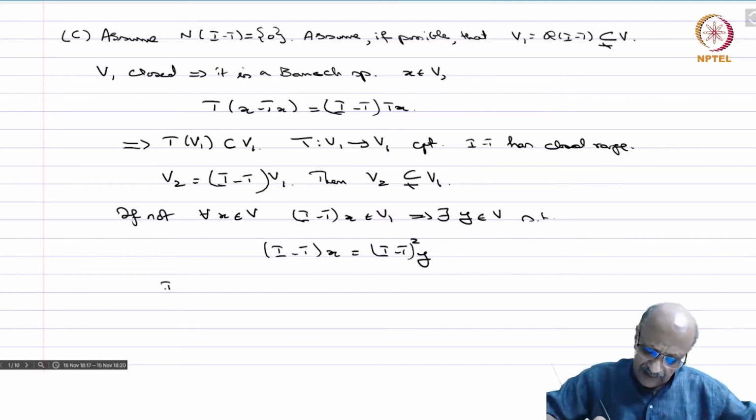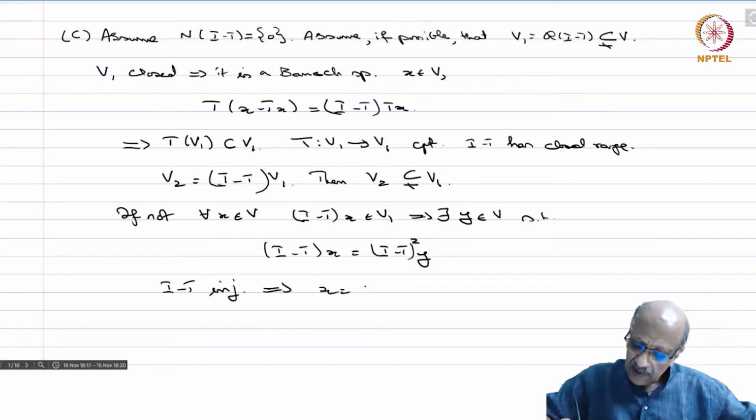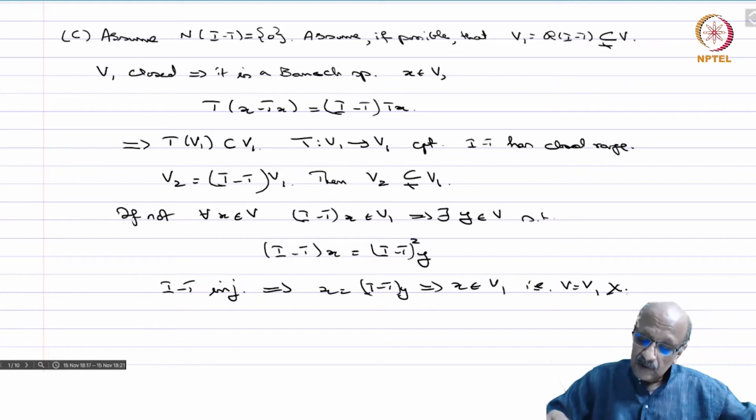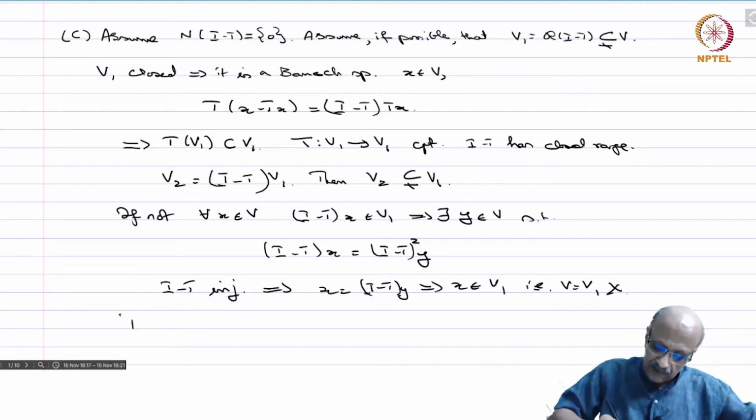Then since I minus T is injective, x equals (I minus T)y, which implies x belongs to V1, that is V equals V1, a contradiction, because we are assuming V is strictly bigger than V1. Thus V strictly contains V1 and that strictly contains V2.